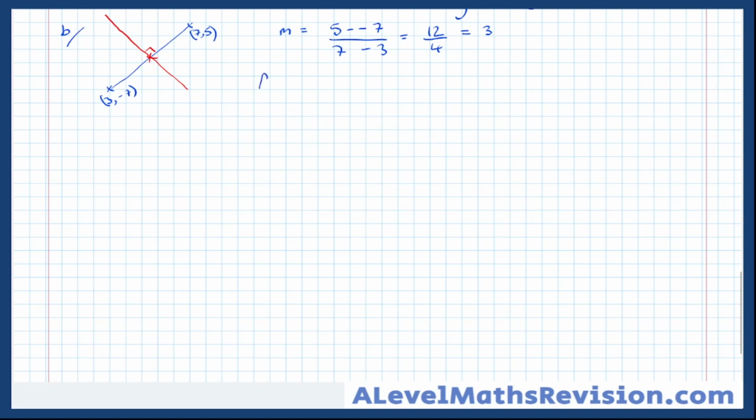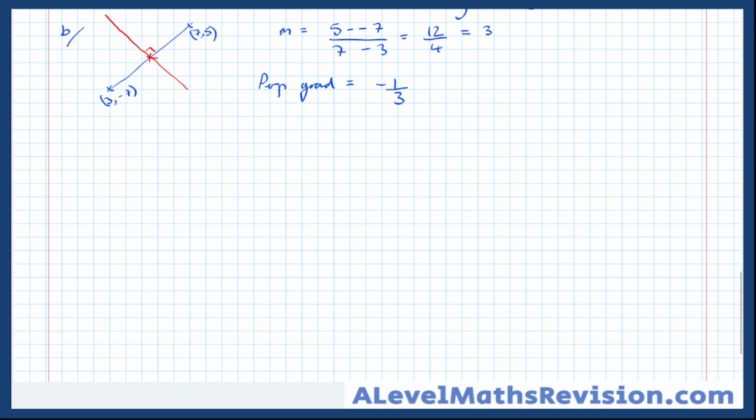Then the perpendicular gradient, the negative reciprocal of that, so the reciprocal of 3 is 1/3. Shove a minus sign on, therefore the gradient of the line we want, the red line, is minus 1/3.